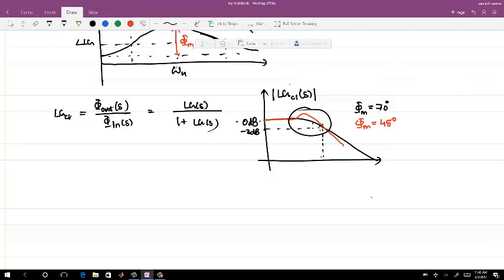Phase margin will directly be reflected in the peaking which you see here, the peaking in the closed loop response.